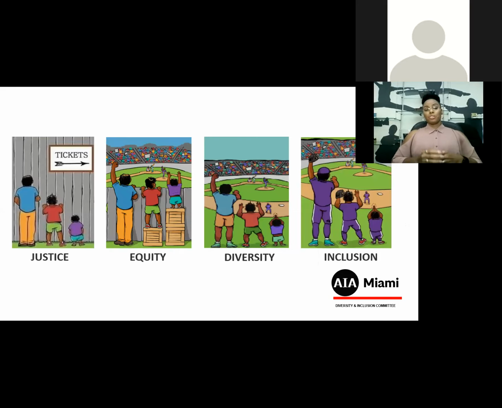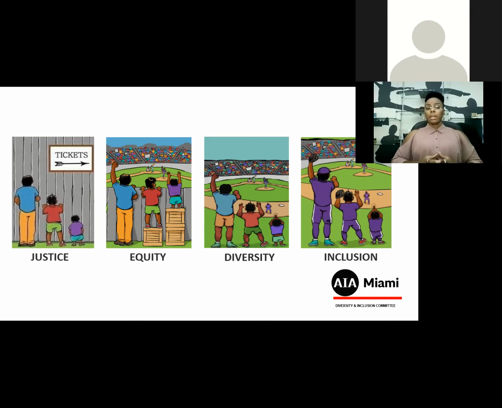Now, everybody is familiar with this little cartoon, but I'll run through it with you again, just so you have a full understanding. Now, justice is just that. It's the ability for anyone to be part of something. So if you want to relate that back to architecture, the justice of architecture is that everyone and anyone can be an architect. Everyone and anyone can apply to architecture school.